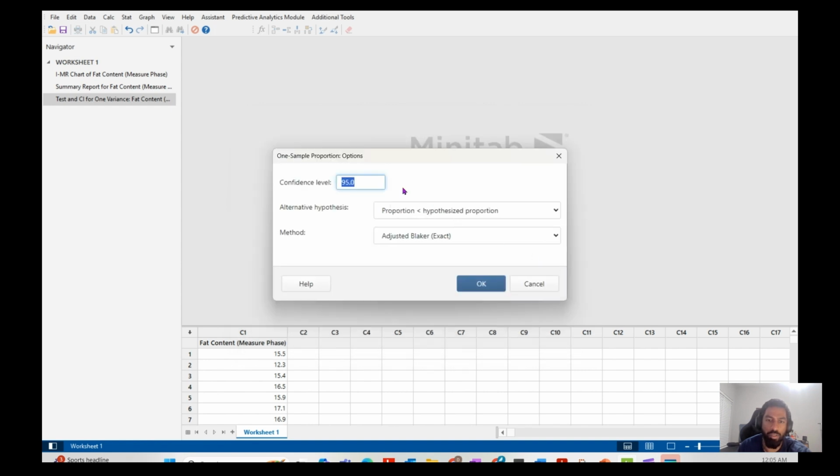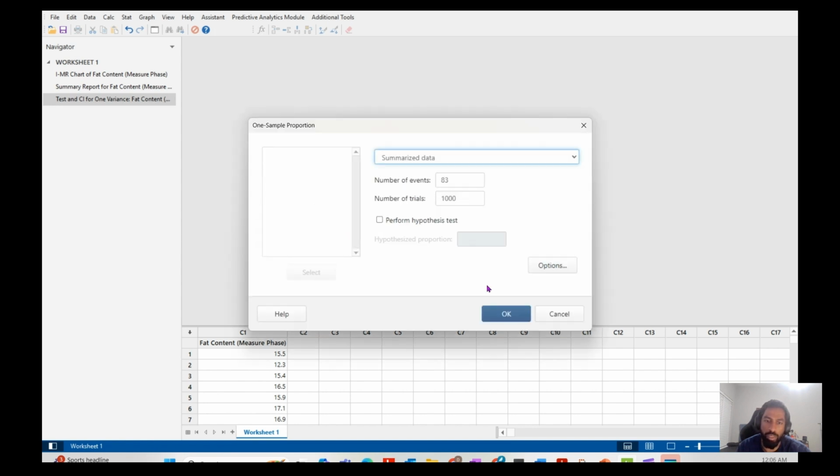And in Options, you can choose proportion less than hypothesized proportion, which will get you the upper bound, which is what we are interested in: the 95% confidence interval upper bound for dissatisfied customers. If you choose proportion greater than hypothesized proportion, that'll get you the lower bound. But you want to do the upper bound. So this method is fine, and then you hit OK.